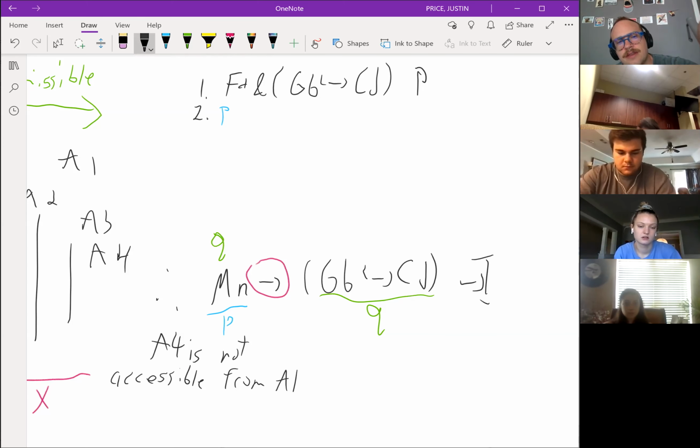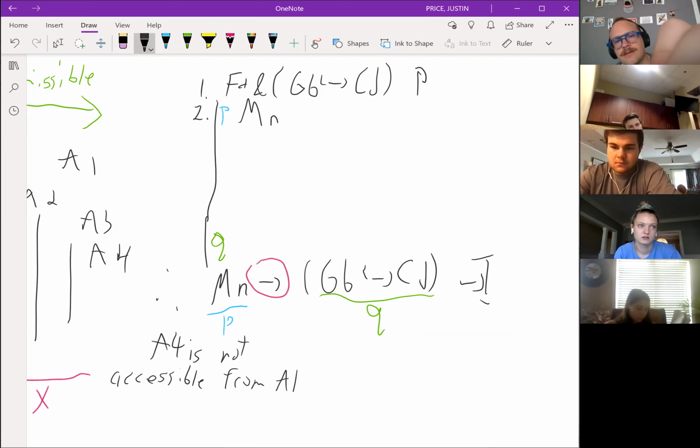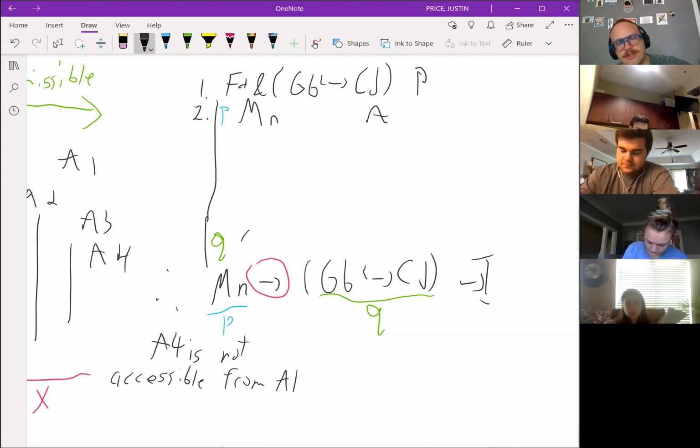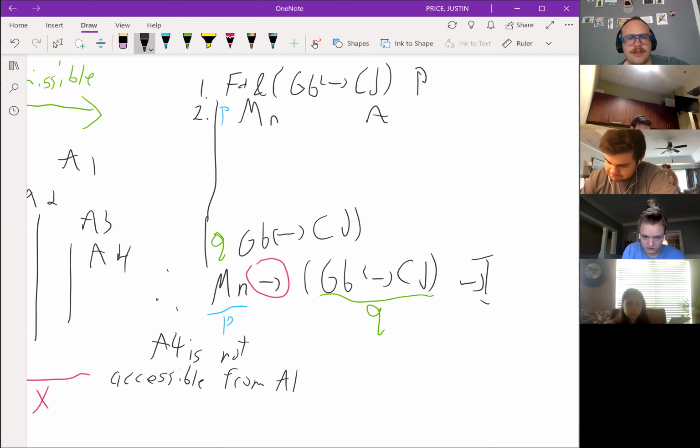So we have to assume MN, and we have to get to GB biconditional CD. Any idea how we can get there? Well, we're not going to use line 2 at all because this biconditional is in line 1.